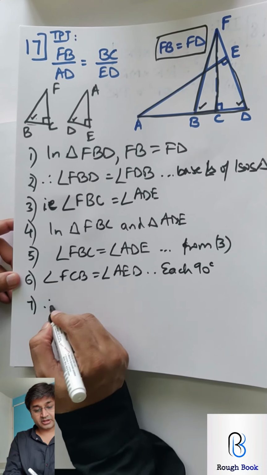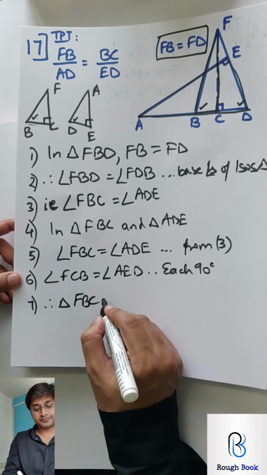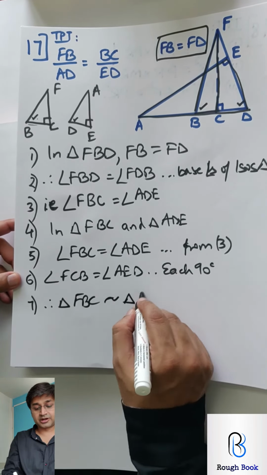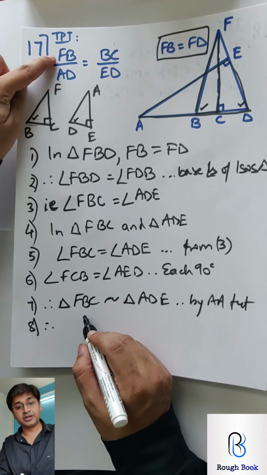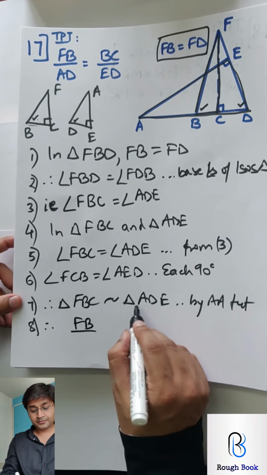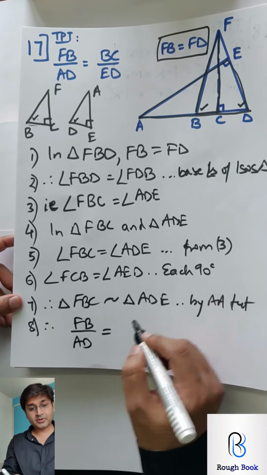And lastly, therefore triangle FBC is similar to triangle ADE by AA test. Now that your triangles are similar, therefore FB you need, yes. So FB upon AD, BC, so second and third, upon DE, CSST. There you go. That's what you wanted. You proved it. For DE you can write ED, no problem.